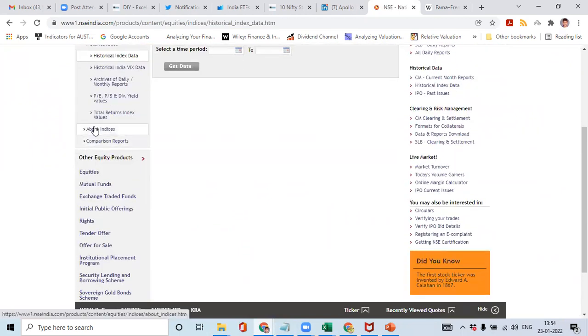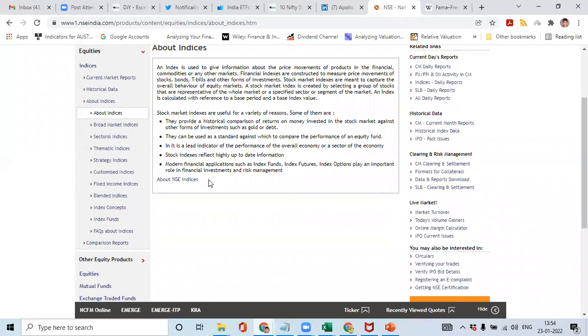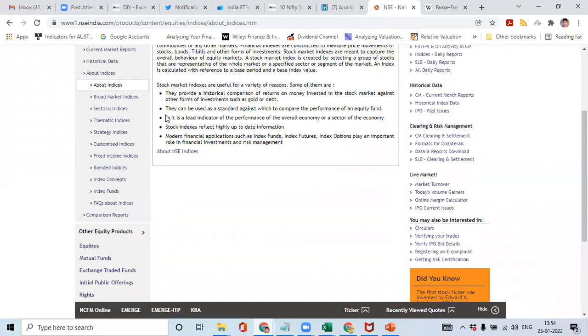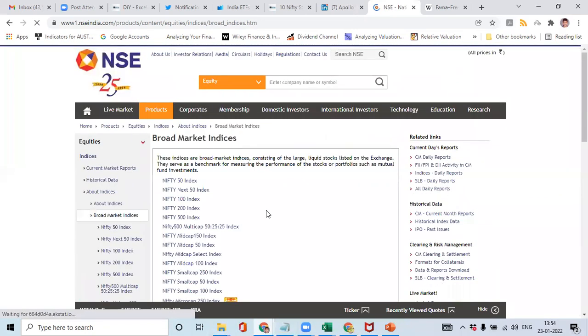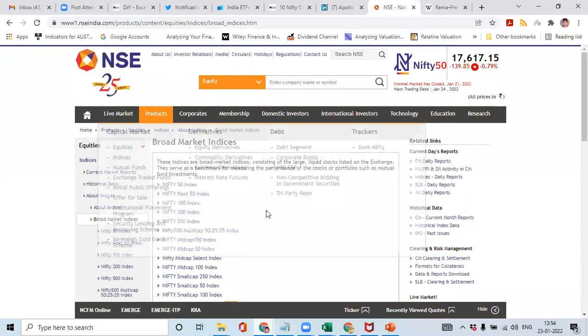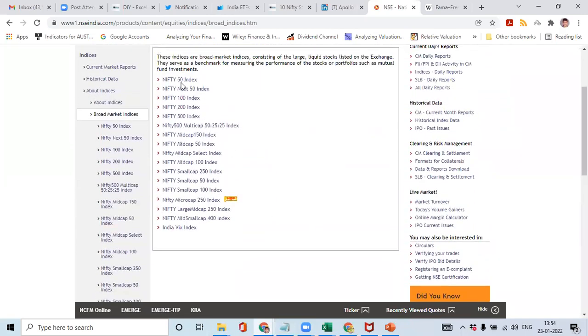About indices. This is the place where you will get the details of that. Broad market indices, which is what we have seen: Nifty 100, Nifty 50, Nifty Next 50, things like that. Nifty 50 plus Nifty Next 50 is 50 plus 50, 100. That becomes the Nifty 100 index.